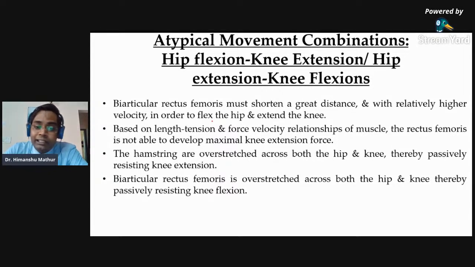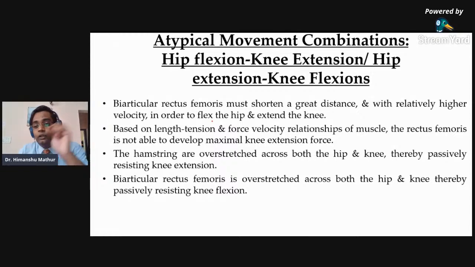Okay, now biarticular rectus femoris is overstretched across the hip and knee whenever the hip goes into extension, and it causes the stretching which eventually has to cause extension of the knee joint.